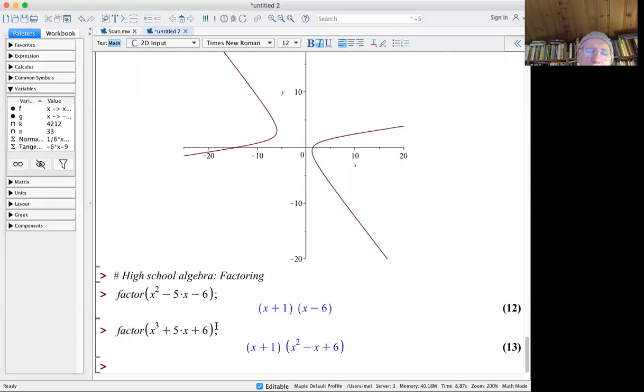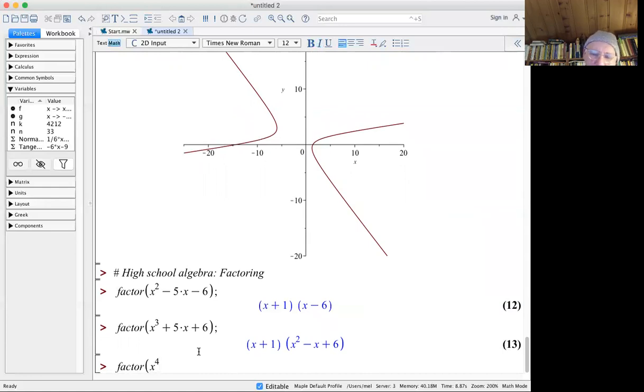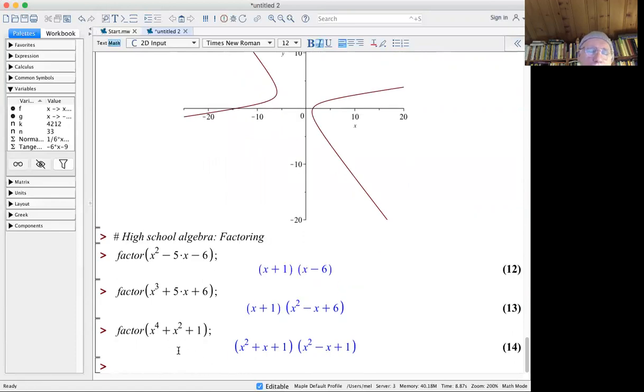This one did factor. Ooh, that's a surprise. This guy factors, though. Not so obvious that it does. So if you want to factor a polynomial, the command is just factor.